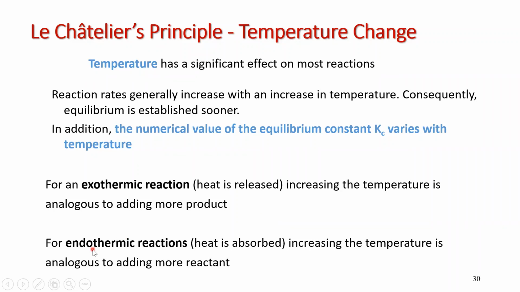And if we look at an endothermic reaction, remember that that means that the system is absorbing energy as the reaction takes place. And if we were to increase the temperature, it's kind of the same as adding more reactant because the energy is considered to be added in or on the reactant side of that reaction.